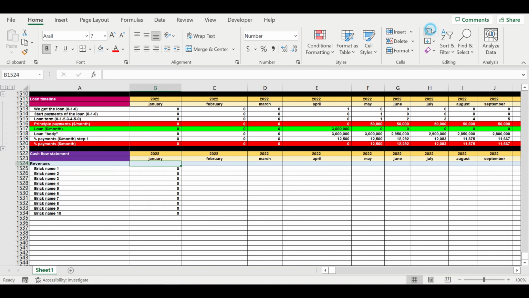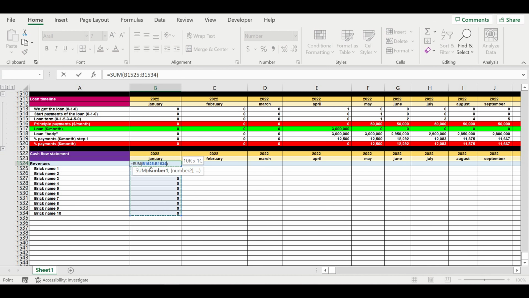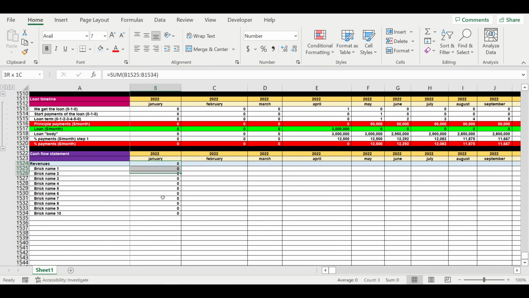I'm summing them up, extrapolating the story to the right.